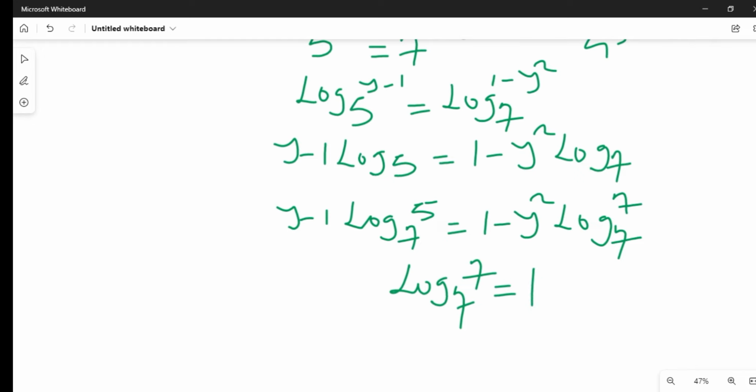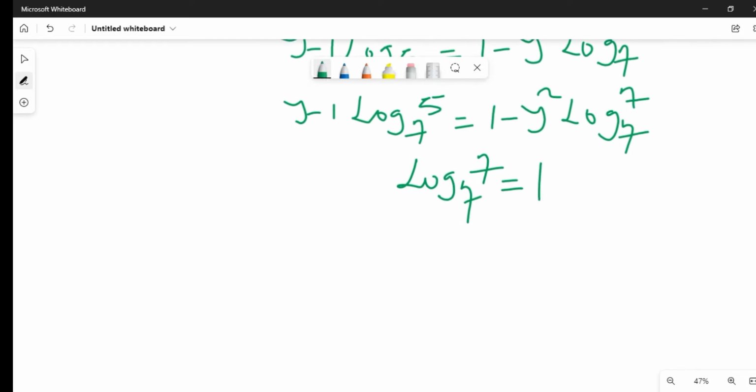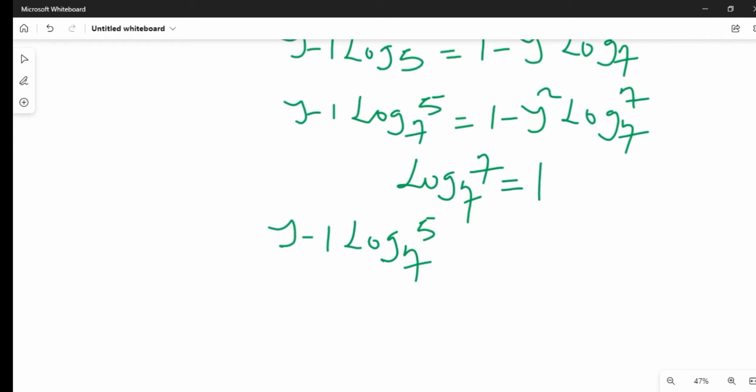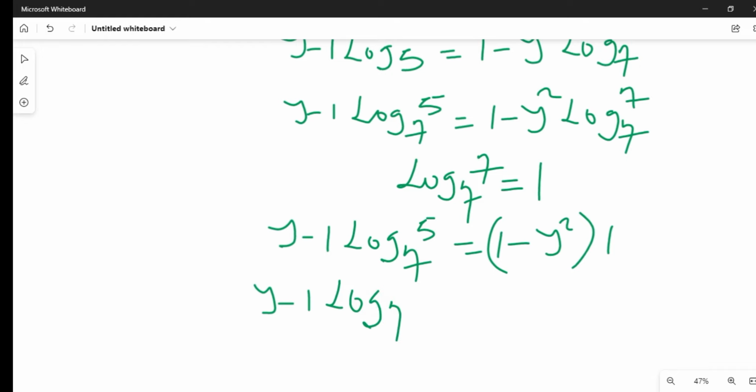So we'll have y minus 1 times log of 5 base 7 equal to 1 minus y squared times 1.